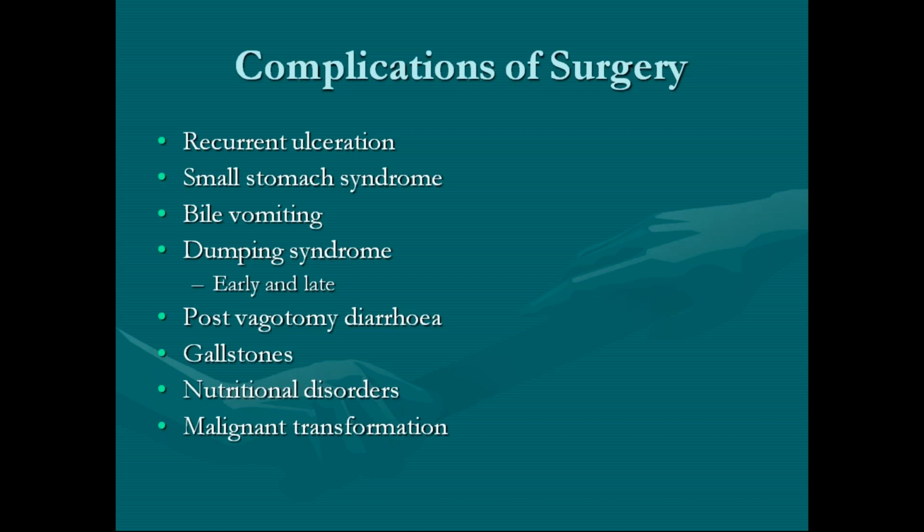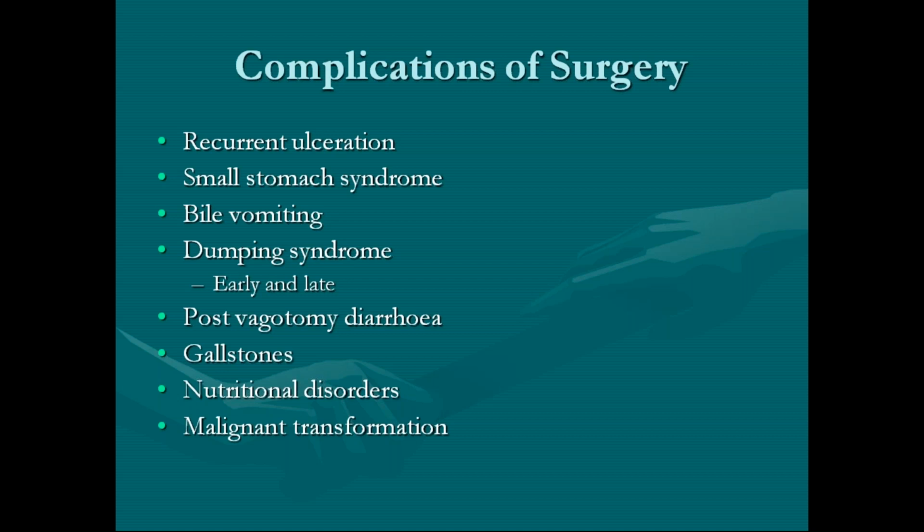And B12 deficiency, pernicious anemia, because of loss of intrinsic factor, or sometimes destruction of B12 by the colonic bacteria. Anemia and weight loss are the most common nutritional disturbances we see following gastrectomies or surgeries for peptic ulcer.